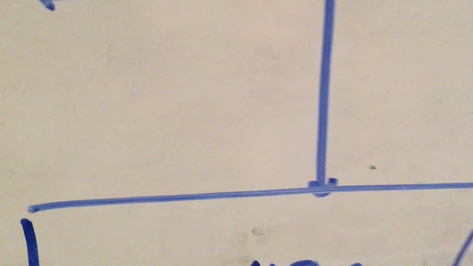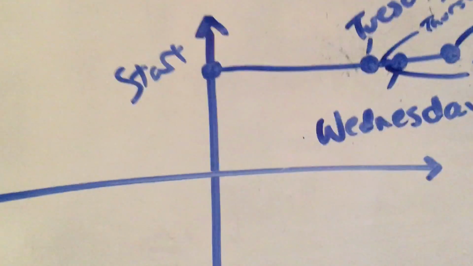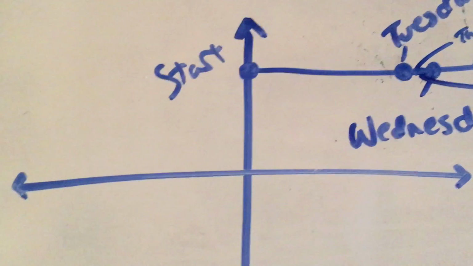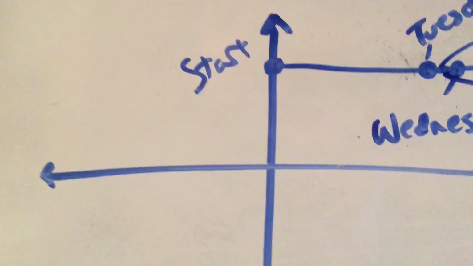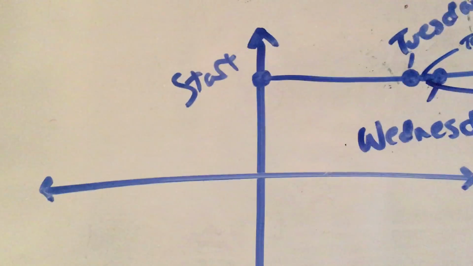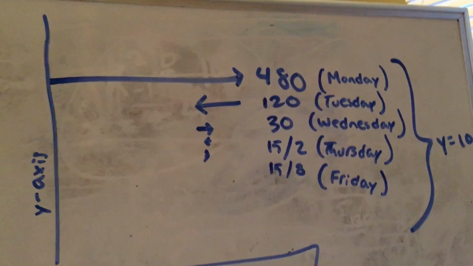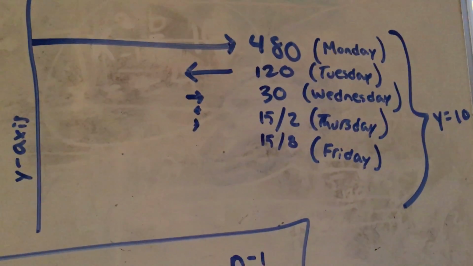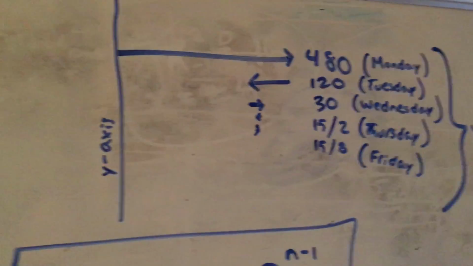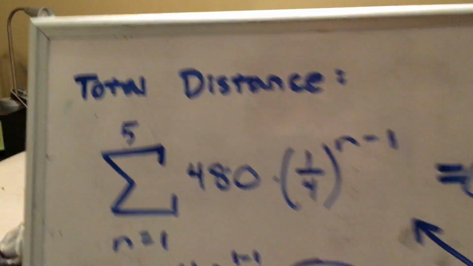Now, the problem is asking us to determine the total distance that the bug has traveled from Monday to the end of the day on Friday. So for the first 1, 2, 3, 4, 5 terms, we can write this in sigma notation.